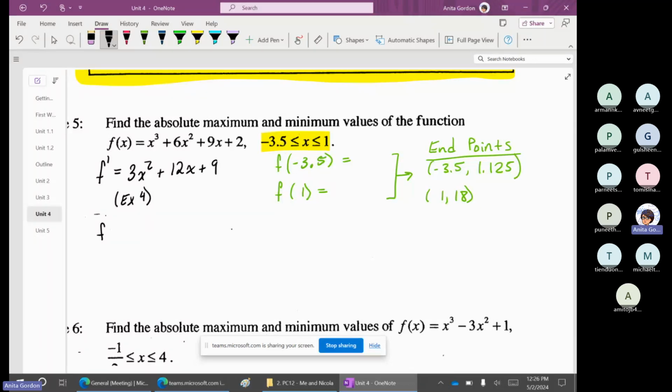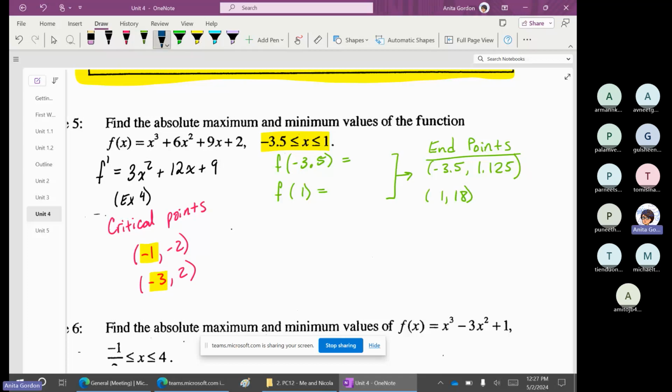Okay, so f prime evaluated at, we found the critical points were, again, and this is from example 4, (-1, -2) and (-3, 2). Right? The critical points were inside of our interval. So that checks out. So now what I want to do is compare these 4 points.